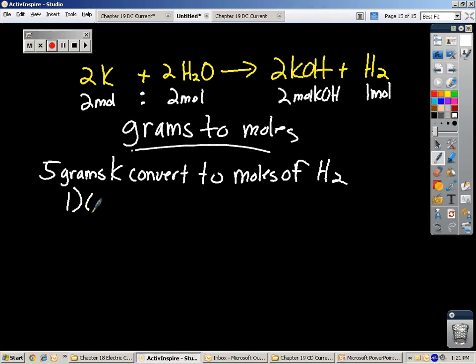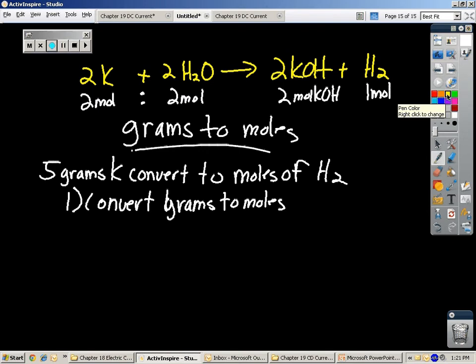One is to convert first grams to moles. The second step you guys are going to do is convert.